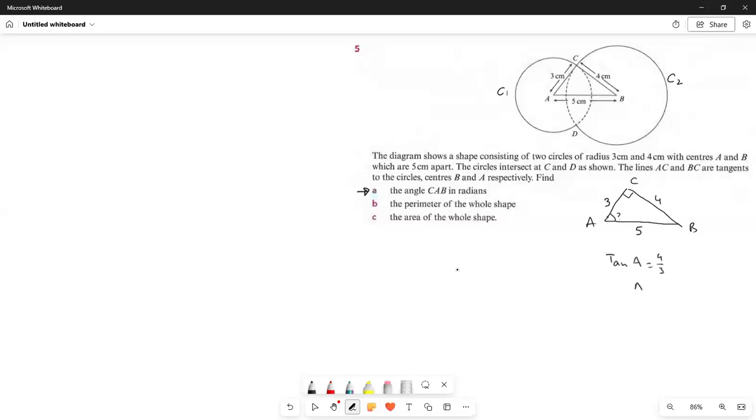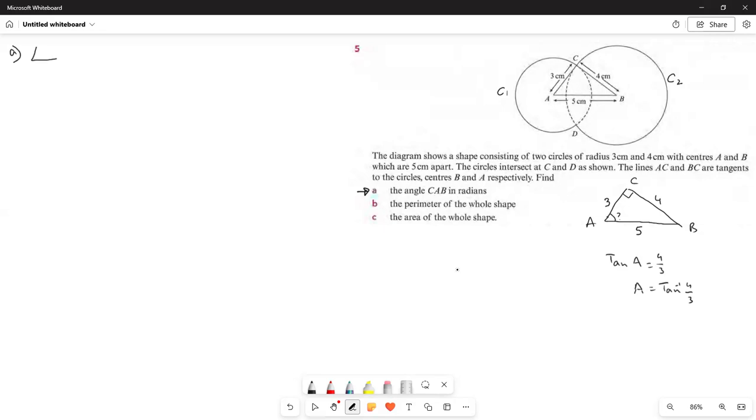So angle A is tangent inverse 4 by 3. I need to leave it as it is because I don't want to go to approximations. So the angle CAB, part A is clear.